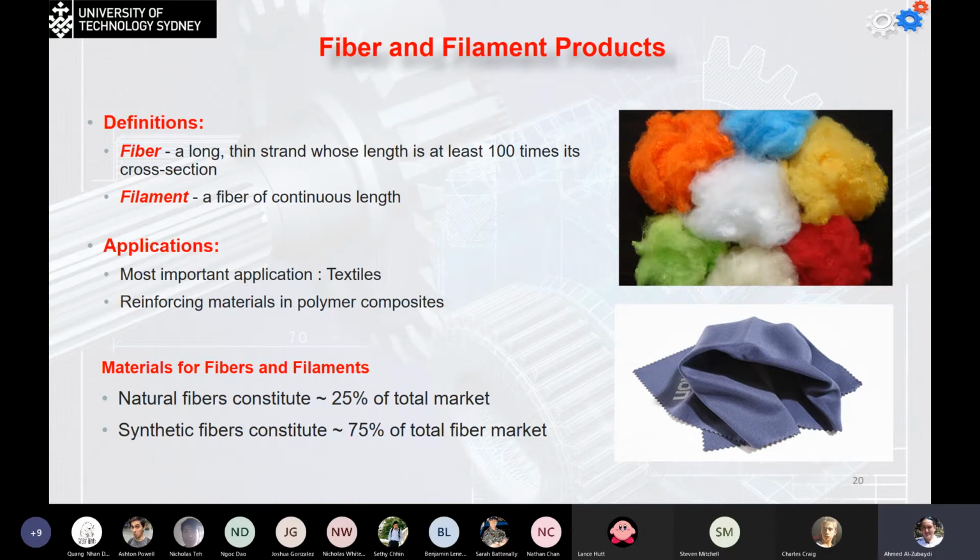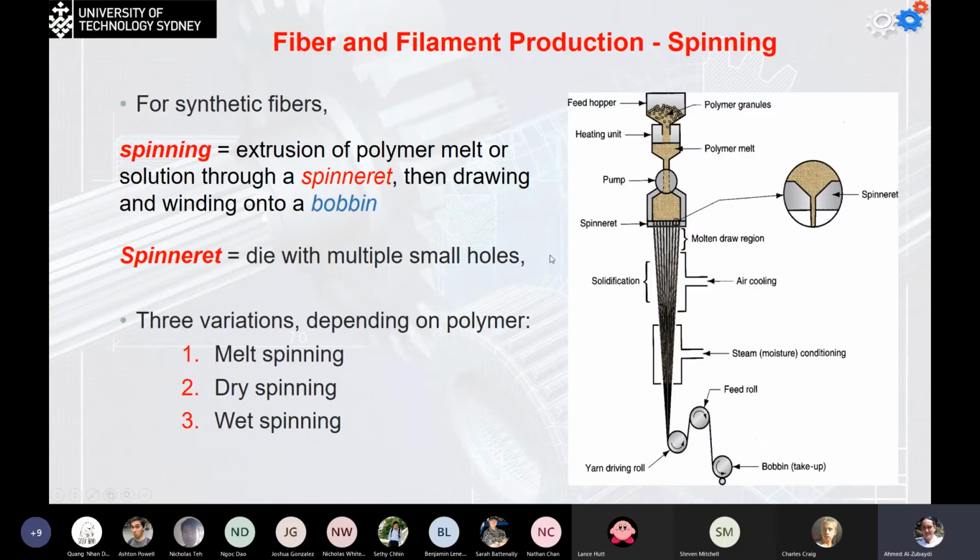So how can we make the fibers and the filaments? The main process is called the spinning operation, and this is usually used for synthetic fibers. Spinning is the extrusion of the polymer melt or solution through a spinneret, which is then drawn and wound onto a bobbin.